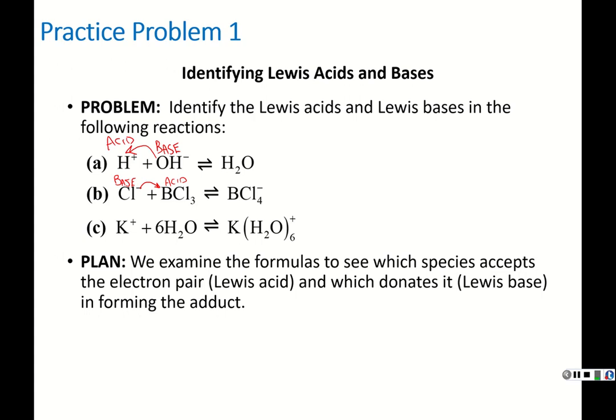And finally, we have a metal ion reacting with water, so our water is going to be our base donating electrons to our positively charged metal, which is our Lewis acid.